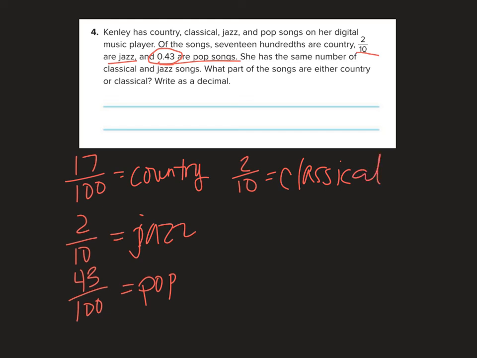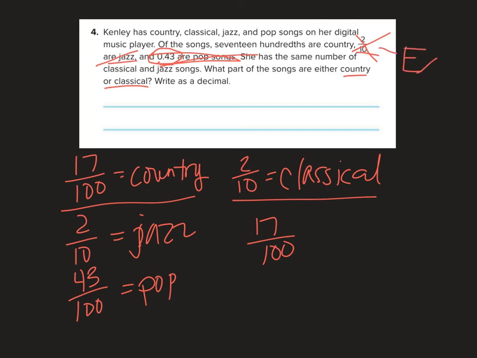Okay. What part of the songs are either country or classical? Write as a decimal. No big deal. Okay. So first I need to get a common denominator. If I'm going to add 17/100, because we want country and classical, our extra information is going to be the jazz and the pop. So we don't need to know that 2/10 are jazz. We don't need to know that 43/100 are pop. So this is extra.